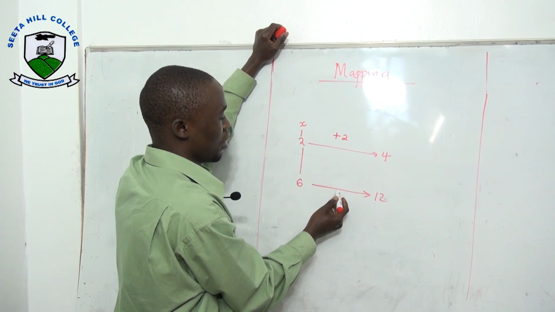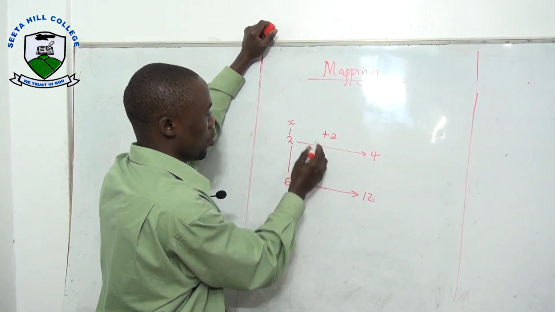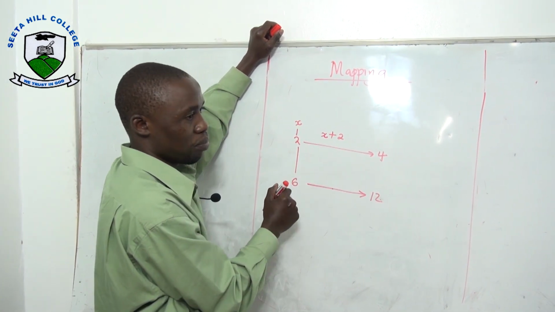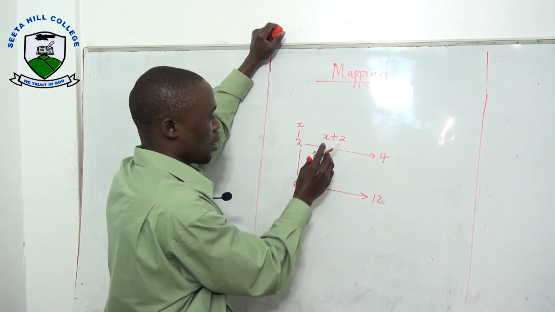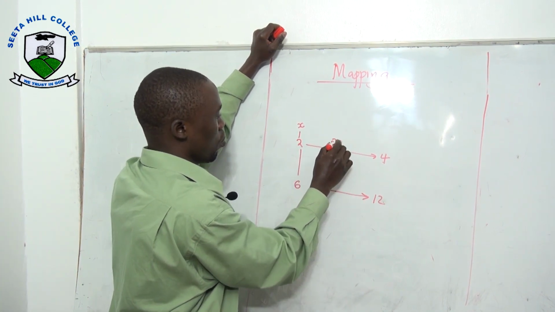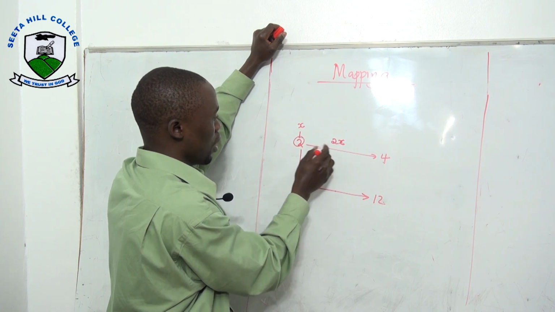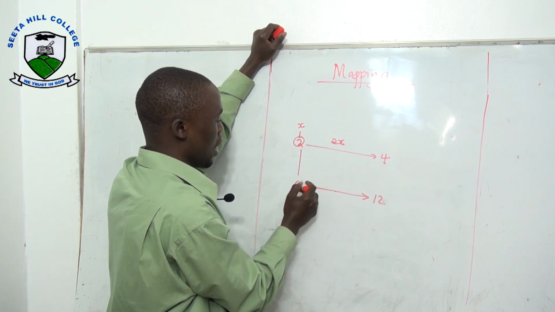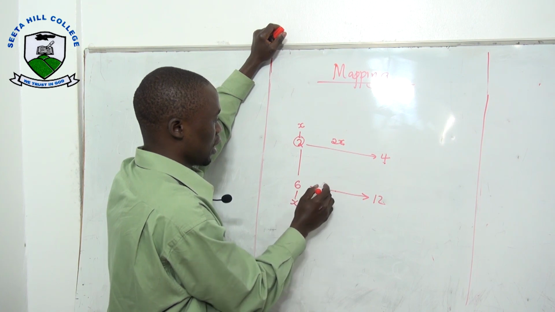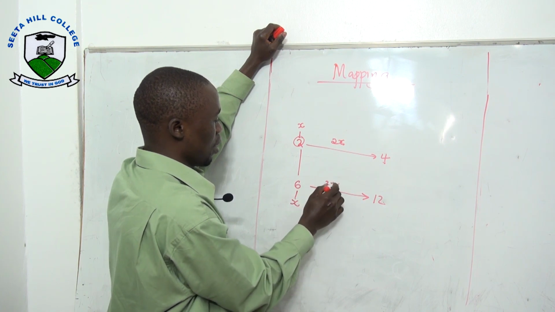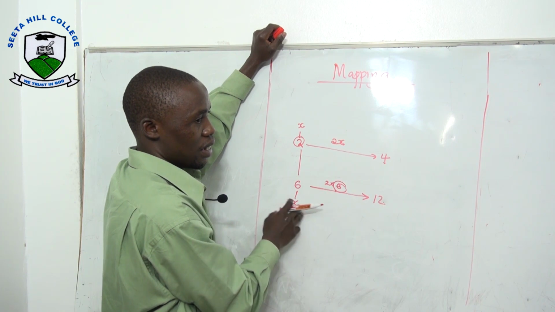Will it work here? x plus 2, will it work? x times 2. 2 times x, and our x is 2. 2 times 2 gives 4, and x is 6. 2 times 6, 12.